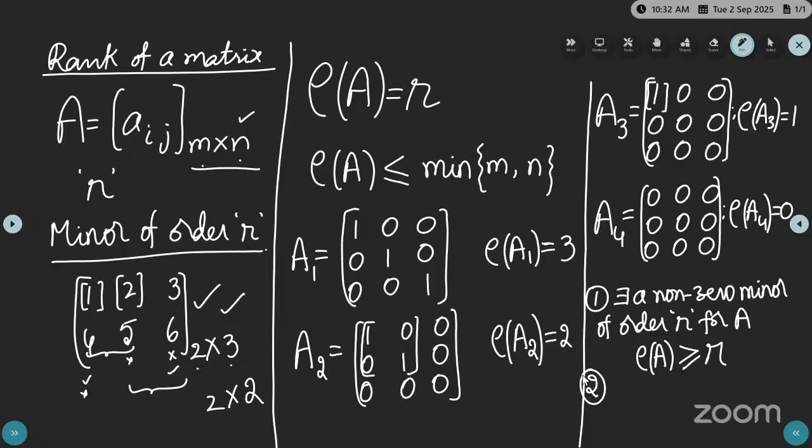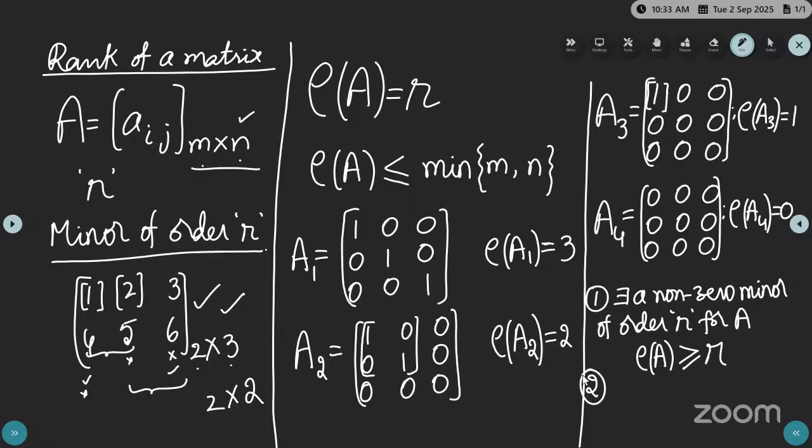Next for A2, all minors of order 3 are also zeros, what is the rank? 2, అన్ని less than ఏగా. So what can you say now? Less than R.